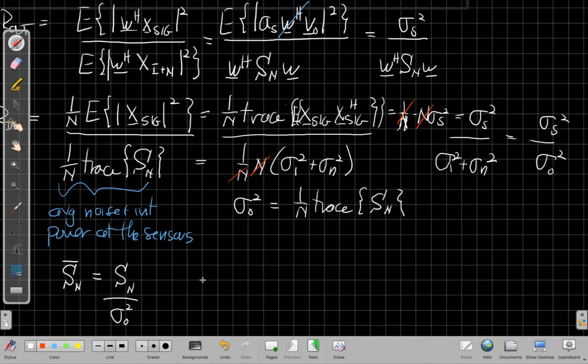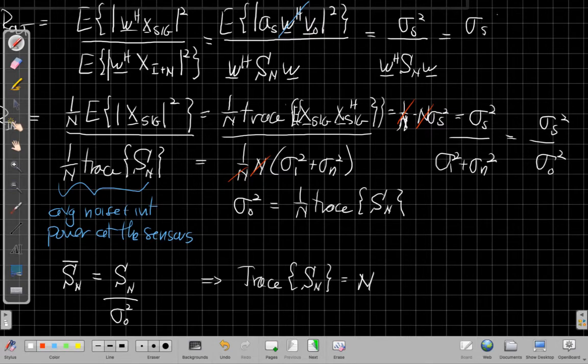One of the consequences of this is that the trace of S n bar will always be n, the number of elements in the array. So it's always got the same scale factor there, and it's bringing that out. And that will be handy.